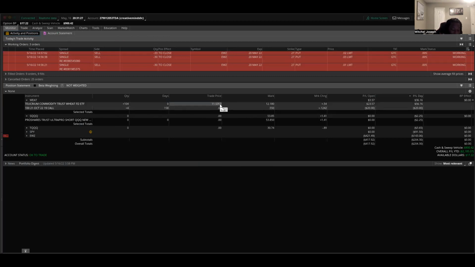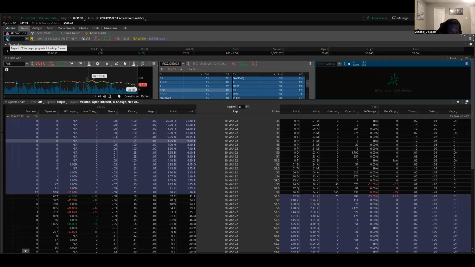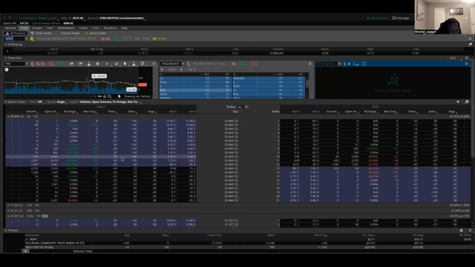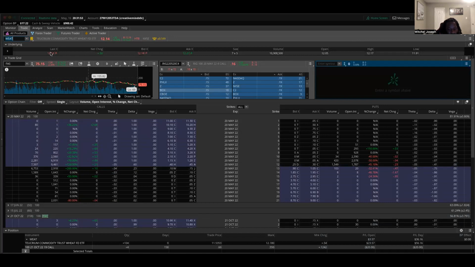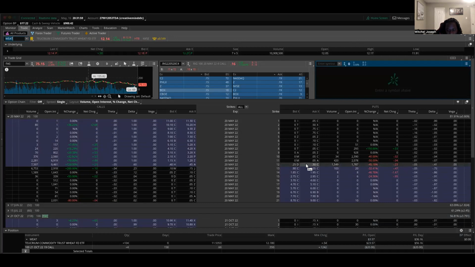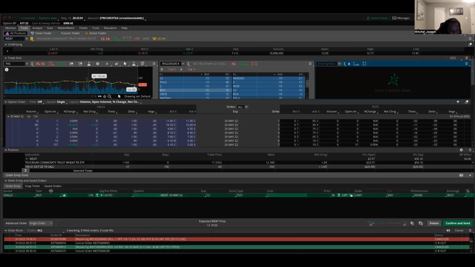So another thing you can do, which is more advanced, is sell options on my stock. Like I could go into wheat and, let's say I wanted to sell this put right here, 12. I go to sell, and then sell.